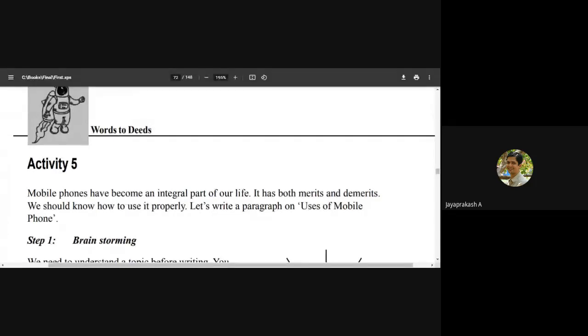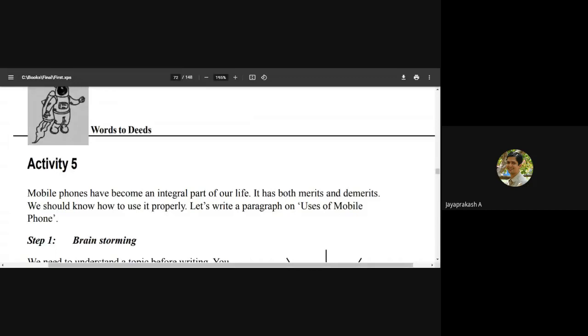We need to get some time to get the idea of the topic and to write sentences appealing to others. That is right. We have to think a lot before we can write something. So a lot of thinking is involved in paragraph writing.